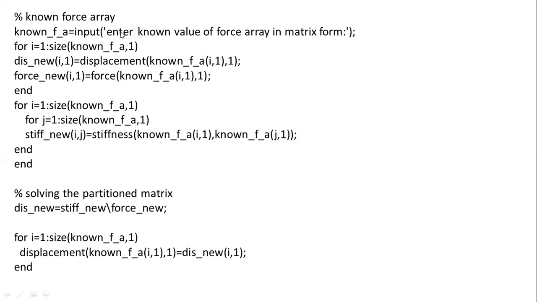Here we enter the value of position, means which value, which position we know, and which position we need to find. ठीक है, जैसे third position, second position force की पता है, तो we can able to find displacement at node 2. If we know the position of displacement node 1 and 3, then we can able to find reaction. Then we can able to find a reaction at node 1 and 3. ठीक है, एकदम simple और common है.